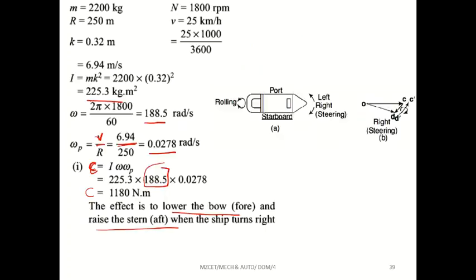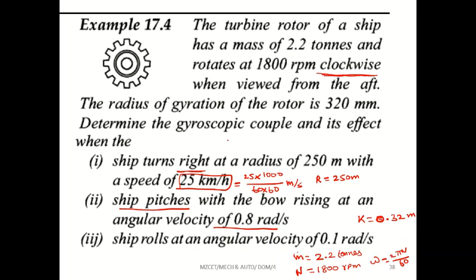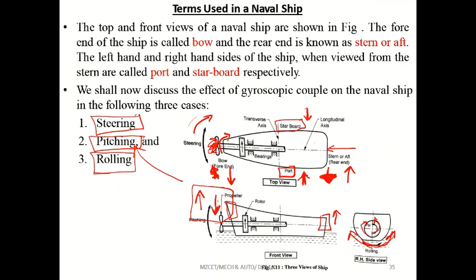For turning they gave 0.0278. Since the bow is rising, the starboard side will be rising and the port will be moving down.